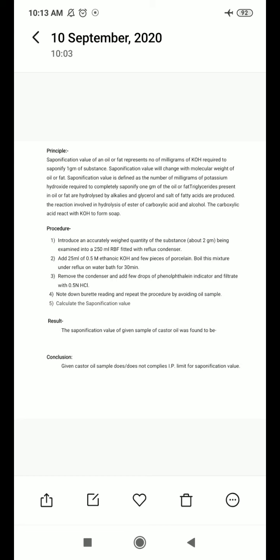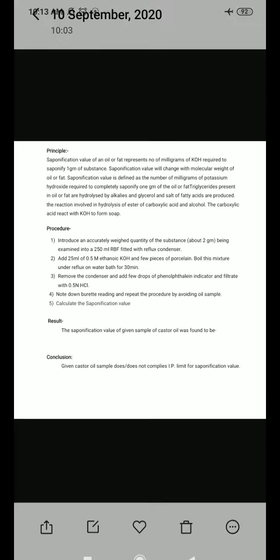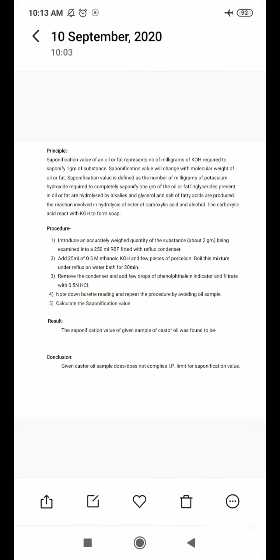Then after that, this 2 gram of castor oil is taken in the RBF, and we have to add 25 ml of 0.5 molar ethanolic KOH. Means 0.5 molar KOH you have to prepare in ethanol. Ethanolic KOH means you have to weigh a particular sample, that is KOH. For 0.5 molar, what will be the weight of KOH?